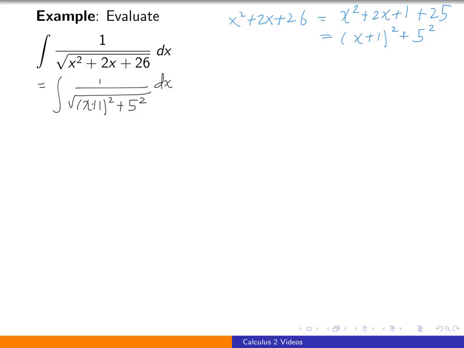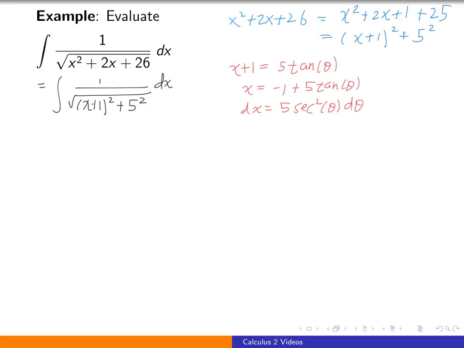Now this is something that looks like it could be solved very efficiently using a trigonometric substitution. We are going to take the x plus 1 and we are going to set it equal to 5 tangent of theta. And note that this is equivalent to saying that x is equal to minus 1 plus 5 tangent theta. So that dx is 5 secant squared theta d theta.